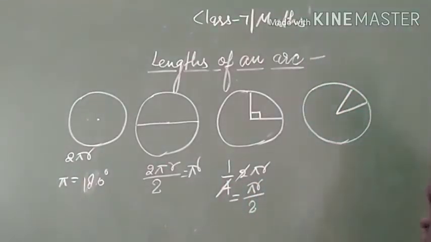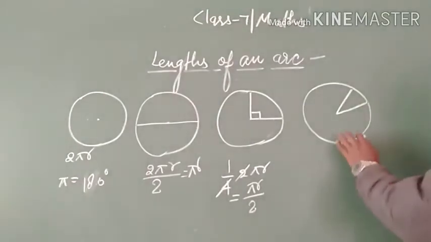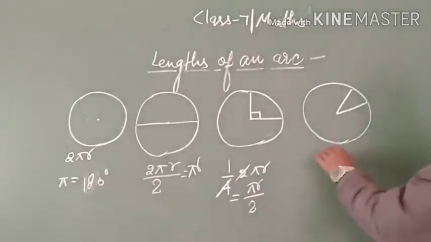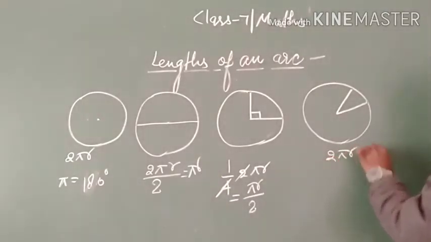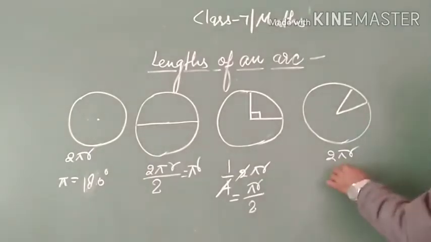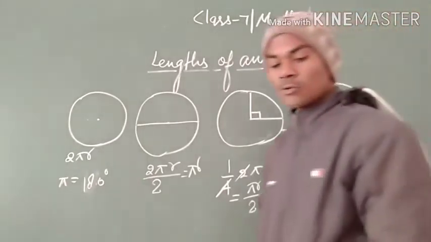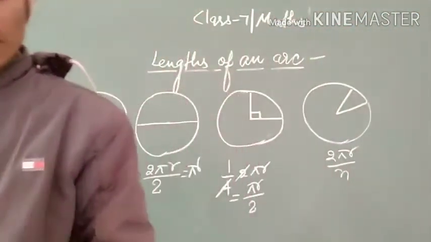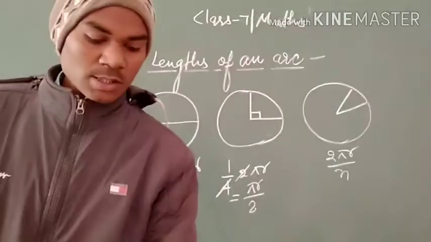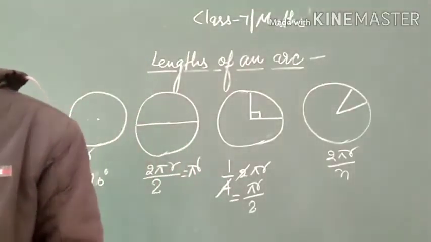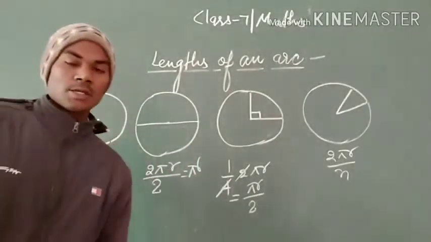And next, since the total circumference is 2 pi r, suppose that the circle has been divided into n equal parts, then its circumference will be 2 pi r upon n.